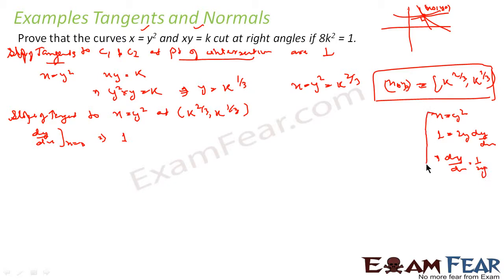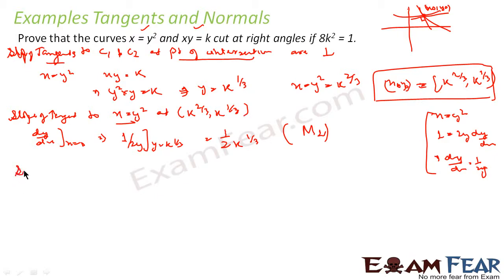What I have done is I have differentiated the whole thing with respect to x. So I got dy by dx is 1 by 2y, where y is equal to k to the power 1 by 3, and this is nothing but 1 by 2 into k to the power 1 by 3. So this is my slope 1, I can say m1, the slope of tangent to the first curve at x naught, y naught.